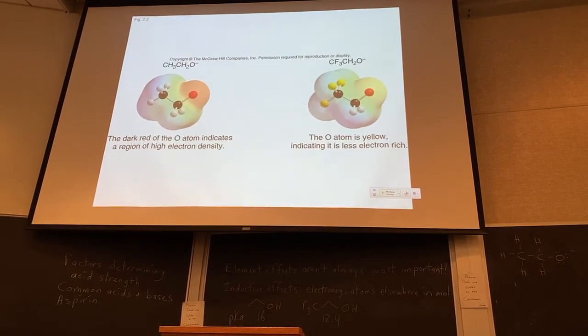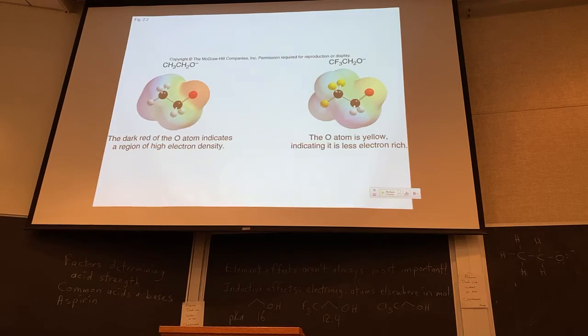Yeah, so that question leads into our next topic here. A few points related to the inductive effect. The more electronegative the atom is, the stronger the inductive effect will be. So let's say we have trichloroethanol. Is that going to be a stronger or a weaker acid than trifluoroethanol?